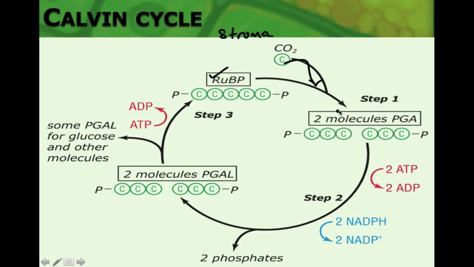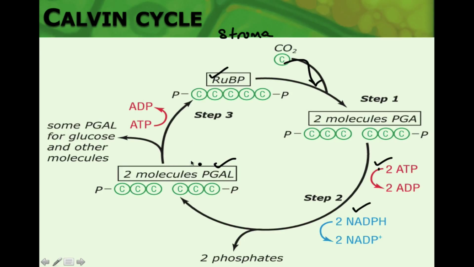So this resulting compound that forms is actually unstable, and it breaks into something called these PGA molecules. So it has these 3 carbons and a phosphate, and over here we have a 3 carbon and a phosphate. The PGA is then converted to PGAL using the hydrogen and electrons from the NADPH, and the energy comes from the ATP changing into ADP.